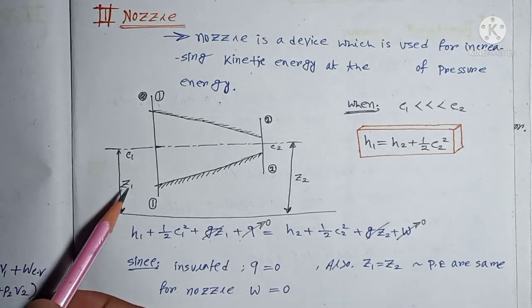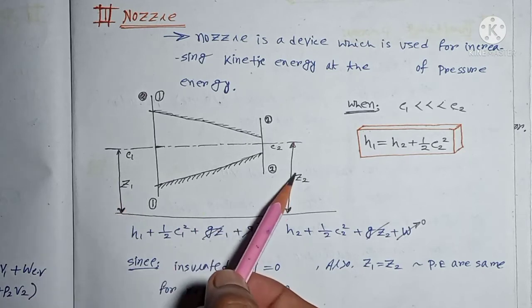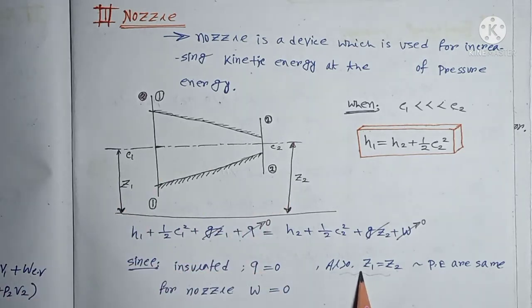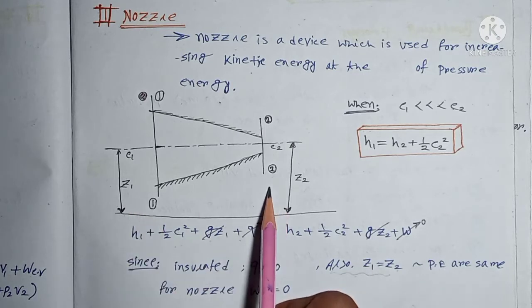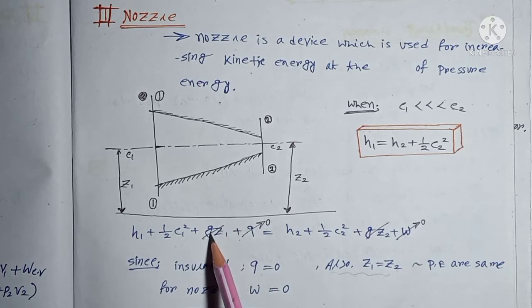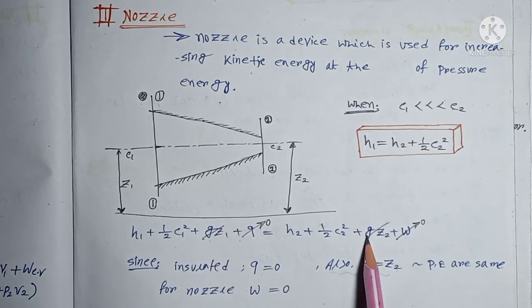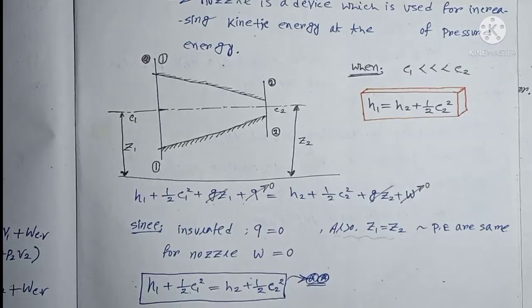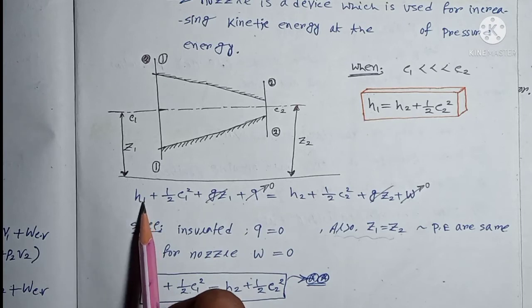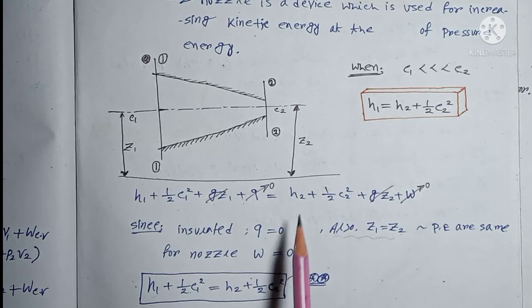Now here Z1 is equal to Z2. Also here I write that Z1 is equal to Z2, meaning the potential energy is the same at section 1 as well as section 2. So this gZ1 and gZ2 cancel out. Okay, now here H1 plus half of C1 square is equal to H2 plus half of C2 square.